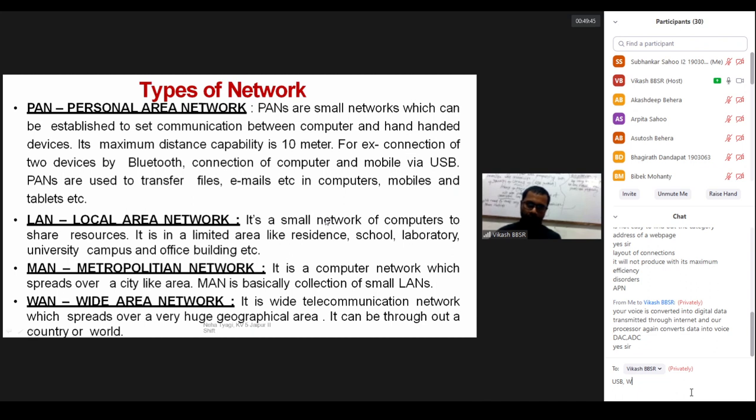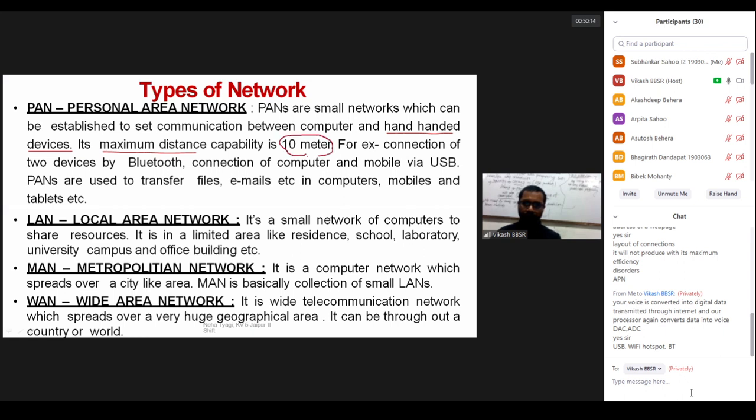PANs are small networks which can be established to set up communication between a computer and handheld devices. Remember, handheld devices: one is a computer, another is a device which you keep in your hand. The maximum distance is 10 meters. Beyond 10 meters, the signal will not work.